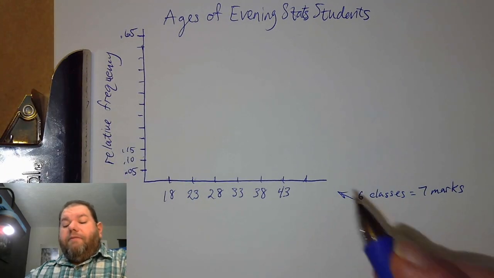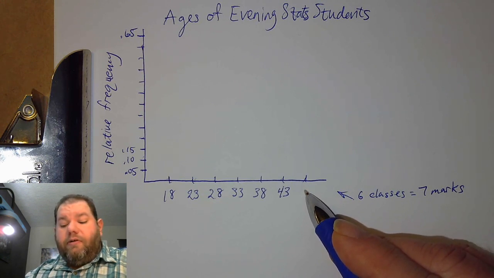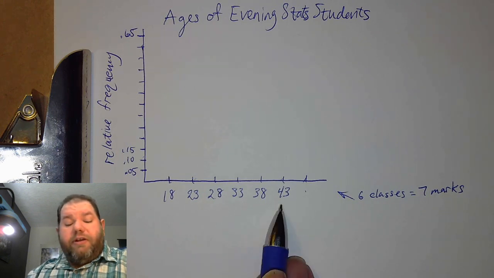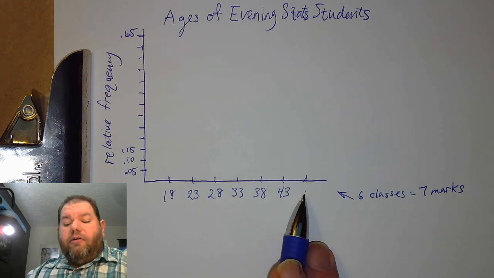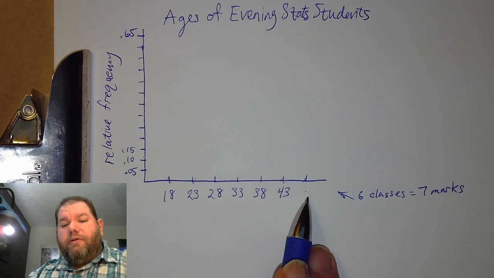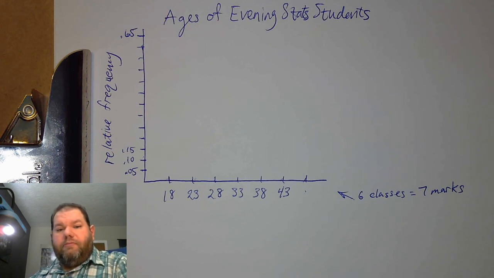Now, you may have noticed we didn't make a mark here at the end. Okay, I said we needed 7 marks, but then we only wrote down the 6 lower limits. What would be the next number if we keep going in the same progression? 48.